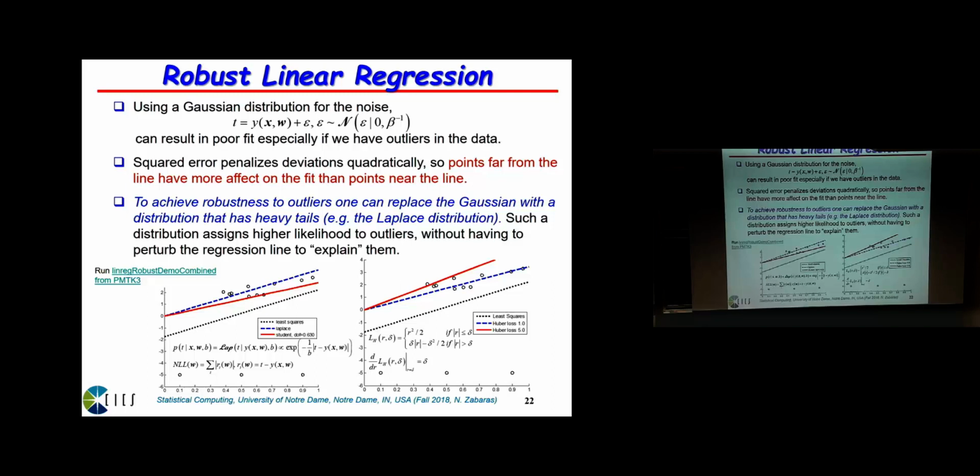And here is an example. If these are your training points, but also you have some outliers there, look what happens to the regression function, the least squares. The least squares is pulling basically everything towards the outliers, but if you use an error function not defined by a Gaussian, but by a Laplace or a student t, basically the outliers don't affect anything.